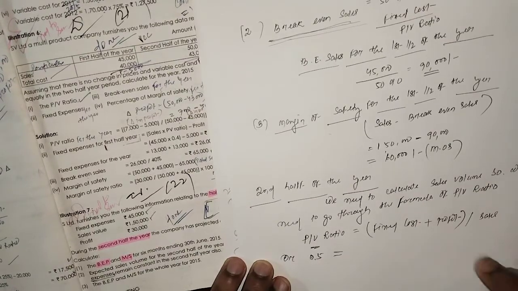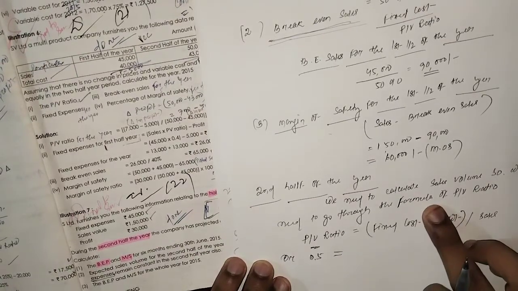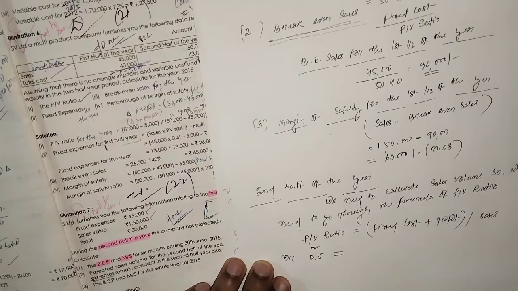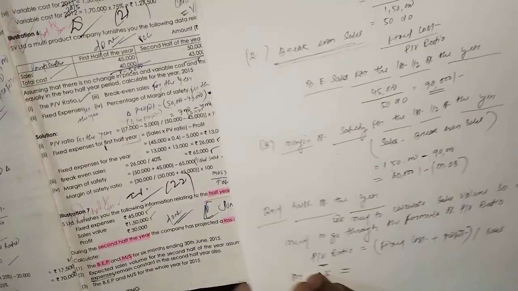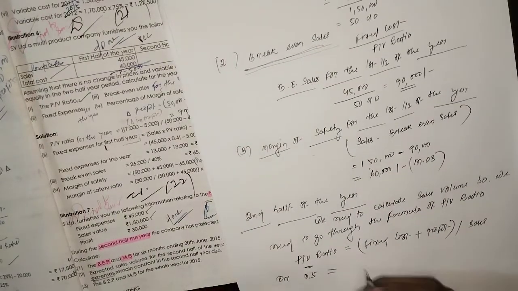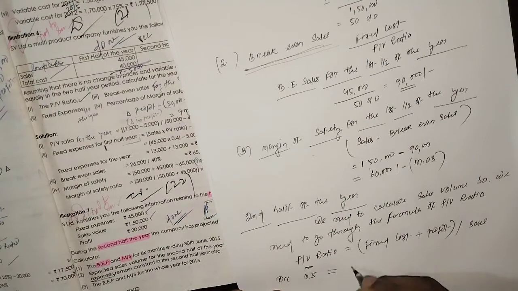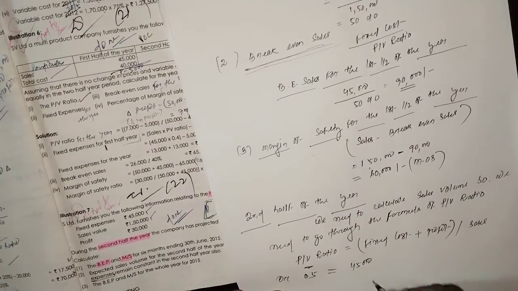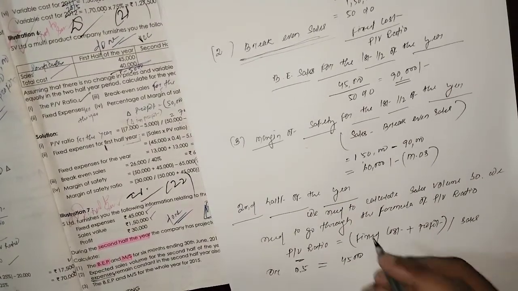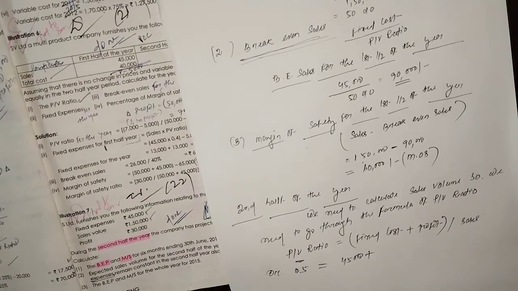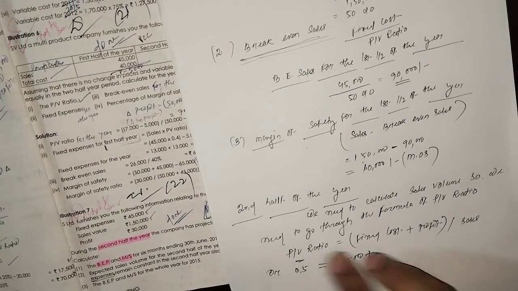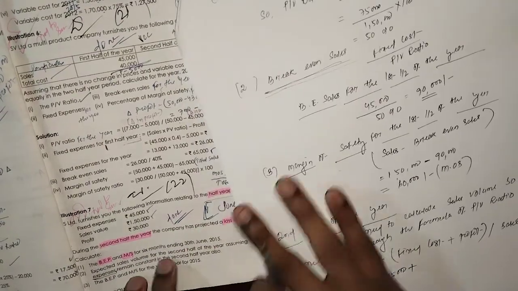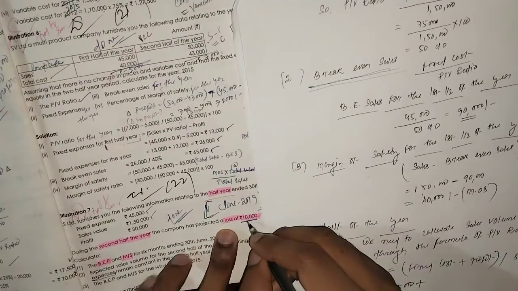This is equal to fixed cost also remaining constant in questions, given that fixed expenses and PV ratio remain constant. So fixed expenses here will be 45,000, right? प्रॉफिट कितना था? प्रॉफिट नहीं था, सेकेंड हाफ ऑफ द ईयर में लॉस हुआ था 10,000.